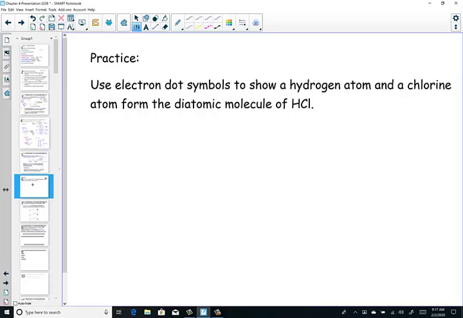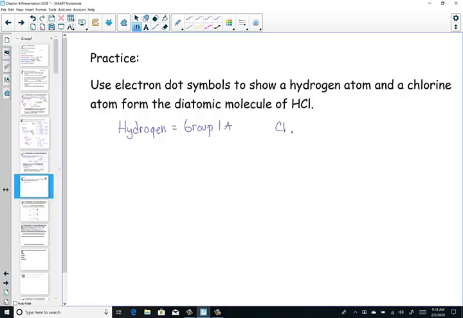Use the electron dot symbols to show a hydrogen atom and a chlorine atom, and we'll do this as a little example. So as we think about hydrogen living in group 1A, we know that it has 1 valence electron.